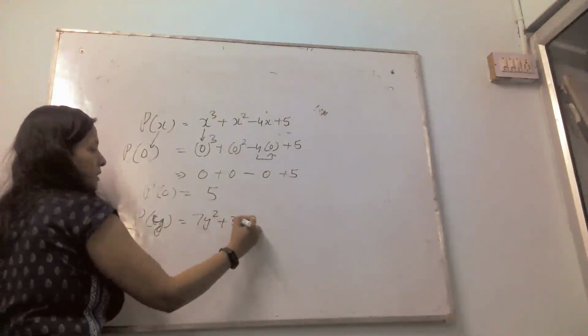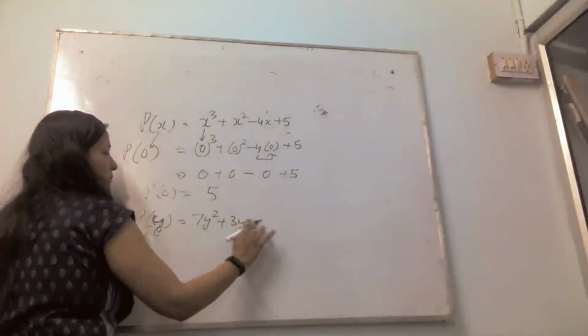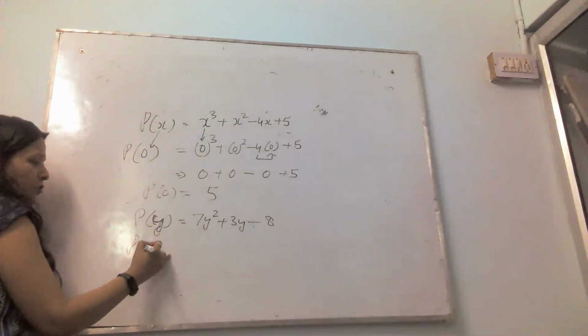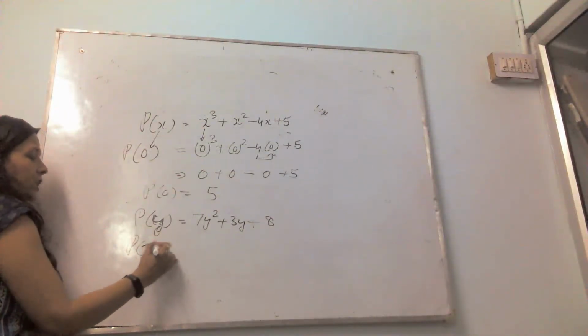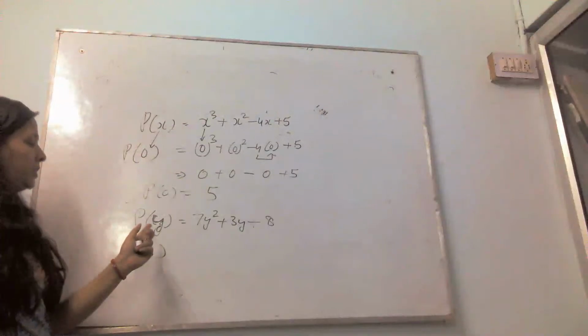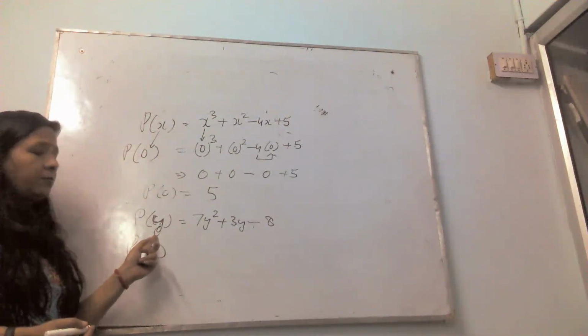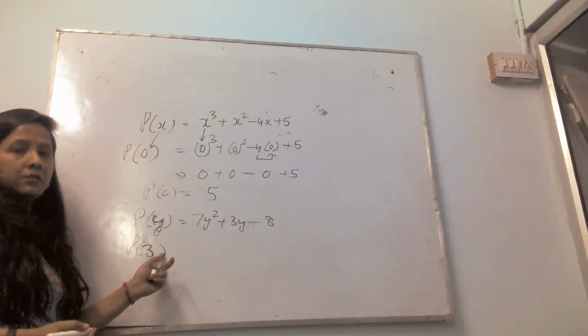7y square plus 3y minus 8, and we have been given p(3). What does it mean? We have to replace the value of y by 3.